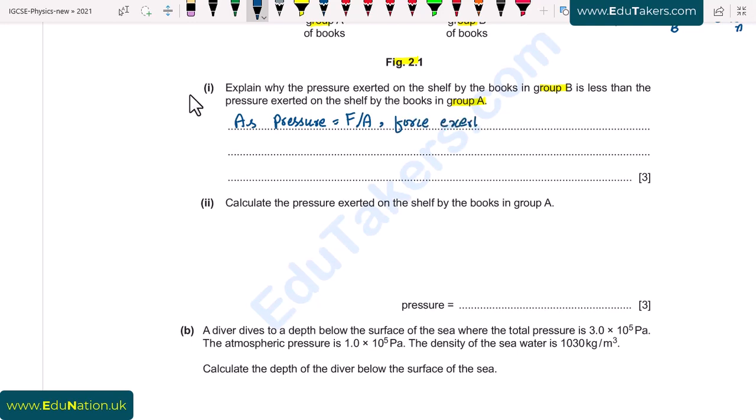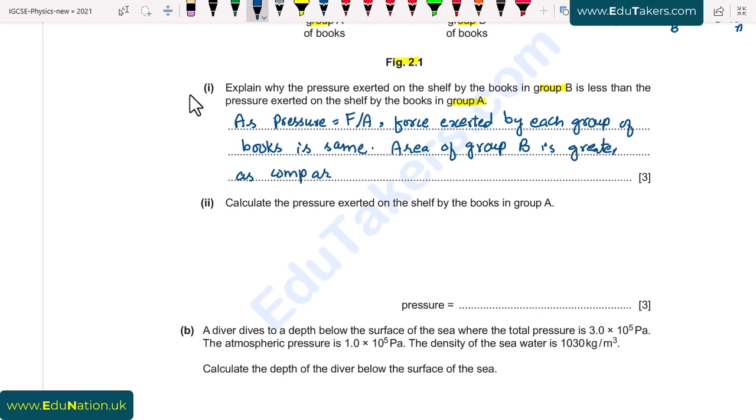Force exerted by each group of books is same, and area of group B is greater as compared to area of group A. That's why the pressure of group B is less than the pressure of group A of books.